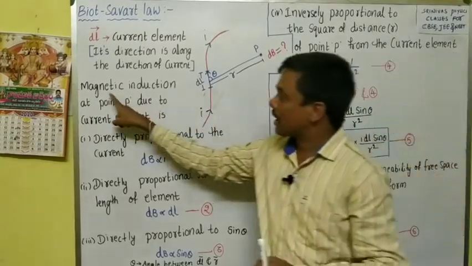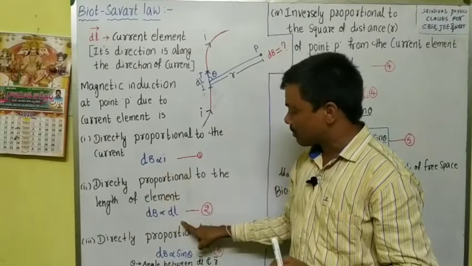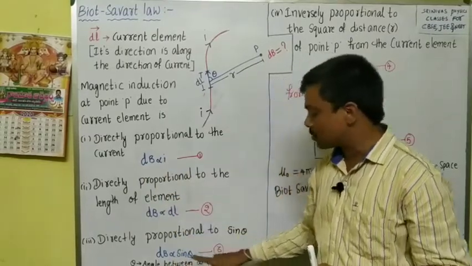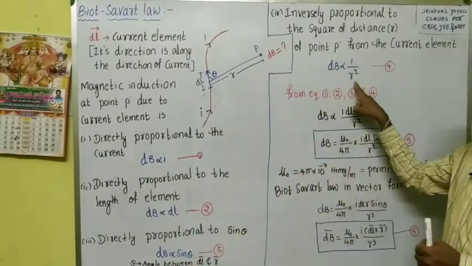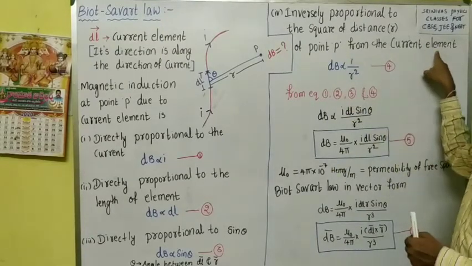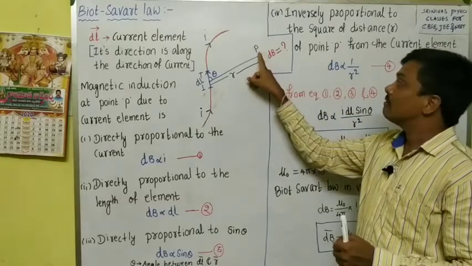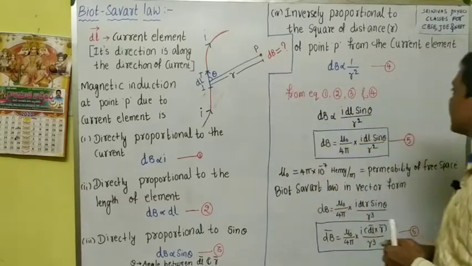So magnetic induction at a point P is directly proportional to current, directly proportional to length of element, directly proportional to sin theta, inversely proportional to the square of distance of point P from the current element. Point P is the point where we are finding the magnetic induction.